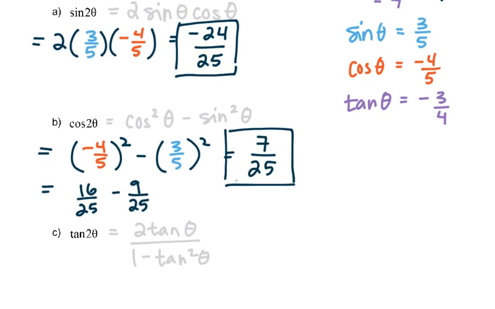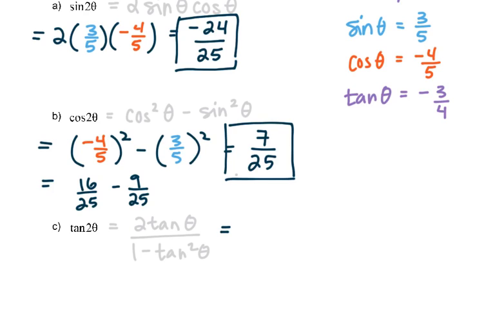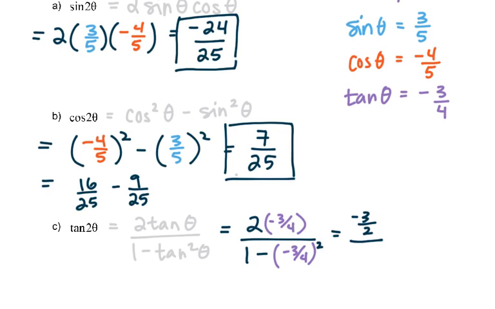Lastly, I have tangent of 2 theta. That is 2 times tangent theta, negative 3/4, divided by 1 minus tangent theta squared, so negative 3/4 squared. That would give me in the numerator negative 3/2, and in the denominator I have 1 minus 9/16. 1 in 16ths is 16 over 16, and 16 take away 9 gives me 7 over 16.